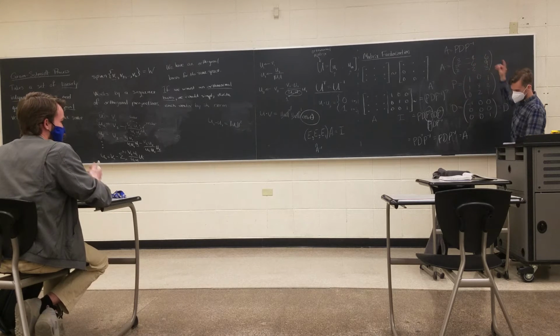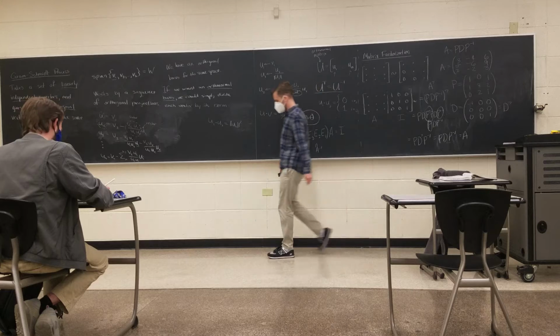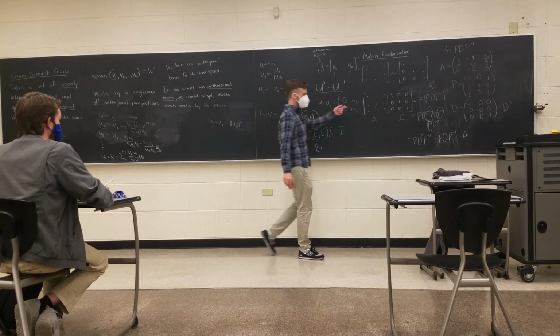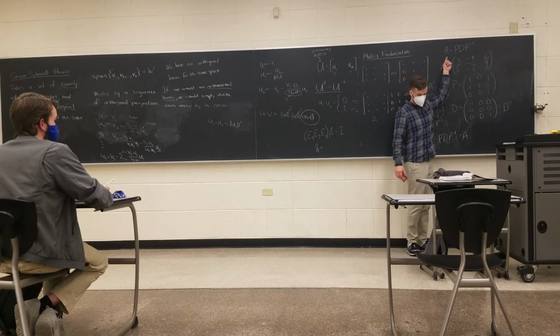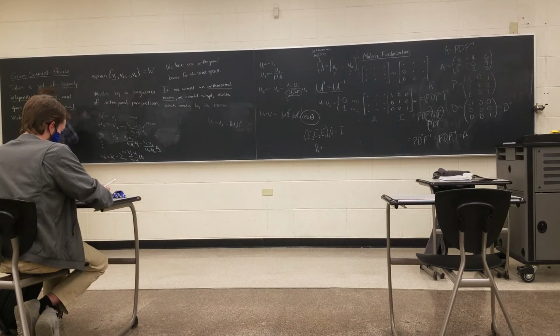So that's another matrix factorization, and there's lots of them. But today we will talk about what's definitely up there in the most important: the similarity transformation, the factorization that gives you, what is that called?